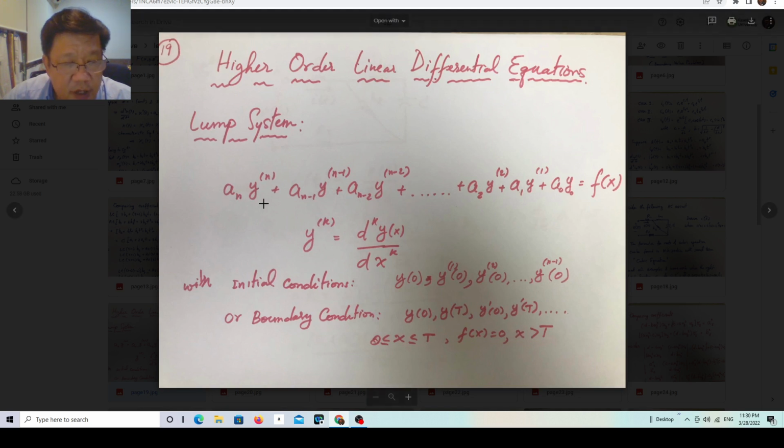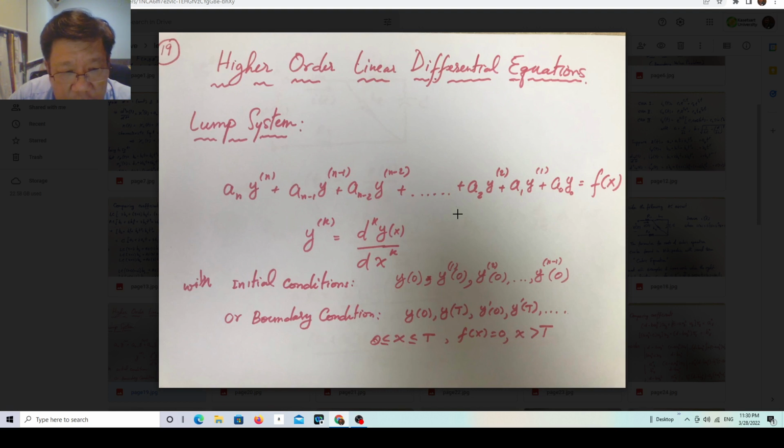And we have seen at least one mechanical system and one electrical system that can be formulated as this type of differential equation. You know that the general solution of the differential equation for y of x depends on the order involved in the equation.